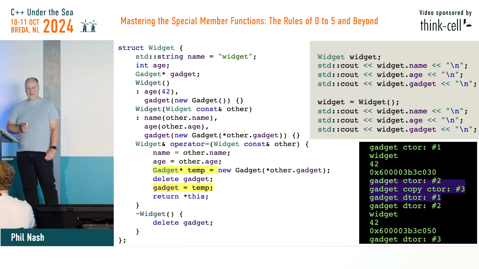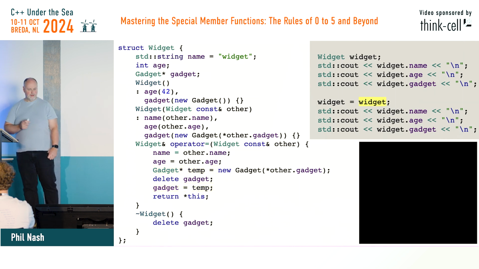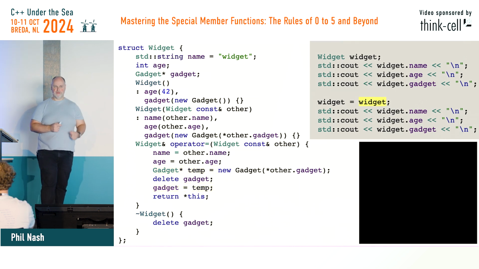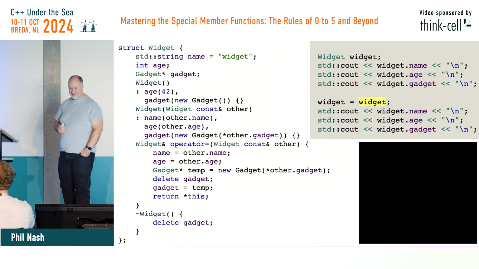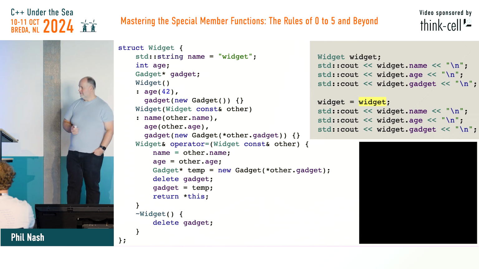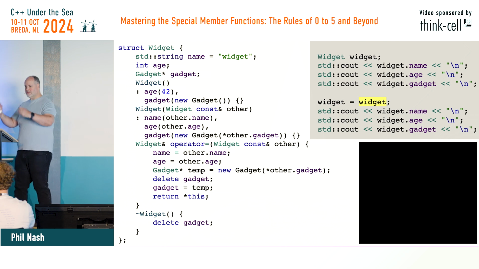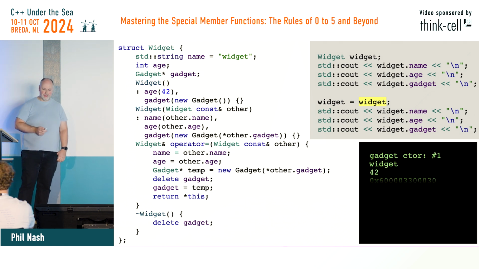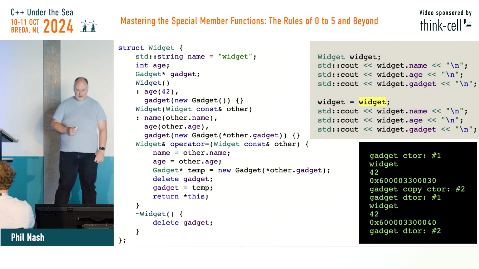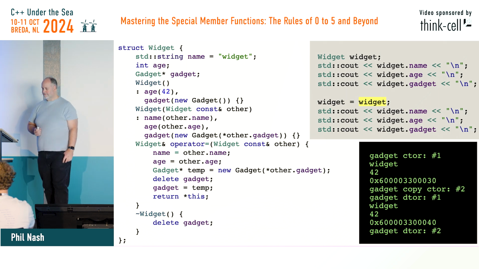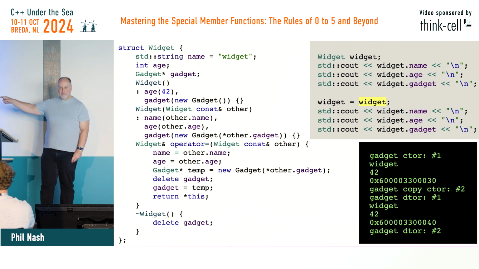Okay, we're starting to get there. Until we try to assign to ourselves. We assign widget to widget. I mean, seems silly, but you can do it, and sometimes it happens in generic code. So we should handle this. And actually, it seems to work. In fact, we got lucky here because we dealt with the exception.